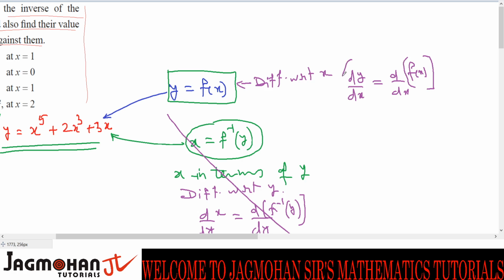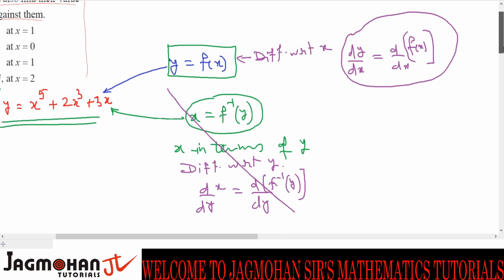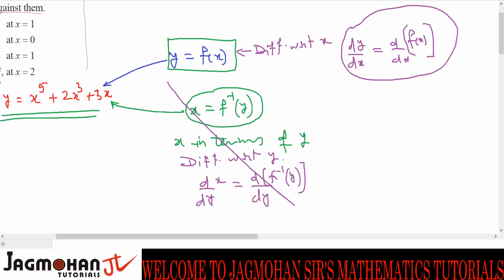Once I have found dy by dx, in order to get dx by dy, which is actually demanded, I will write dy by dx is 1 upon dx by dy. So dx by dy, which is required, is 1 upon dy by dx, where dy by dx shouldn't be 0.